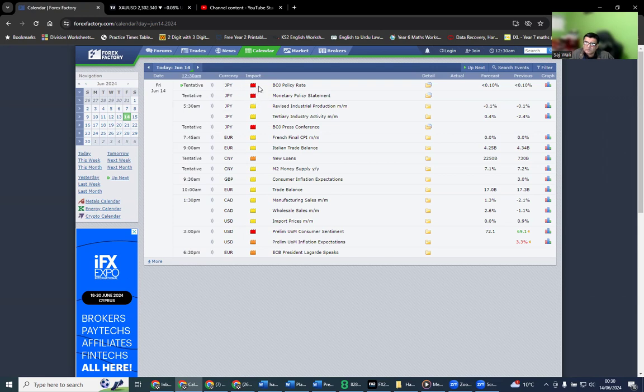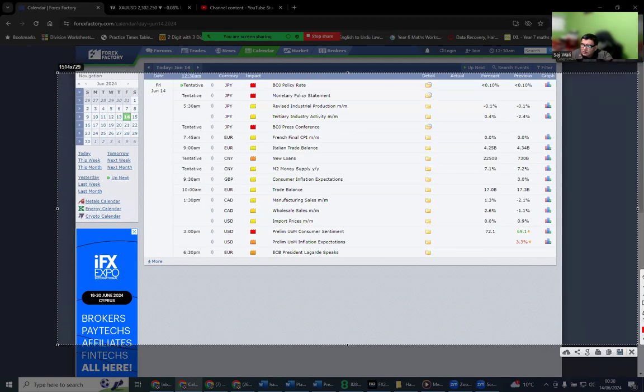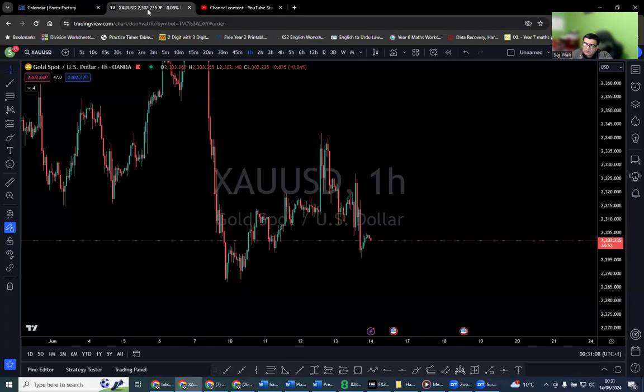However, if you trade JPY pairs, we have news at 12:30 a.m. and then 5:30 a.m. These are the news which we are interested in, mainly just the 3 p.m. USD news, prelim UM and prelim UM inflation expectations. Right, let's go to the chart.